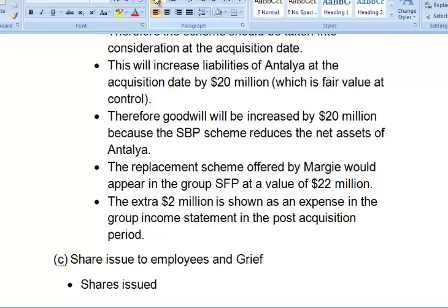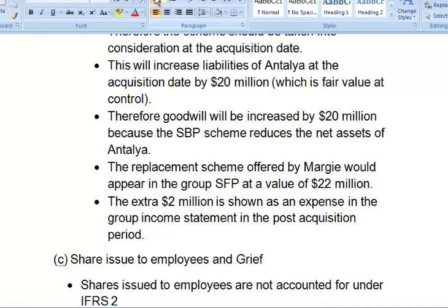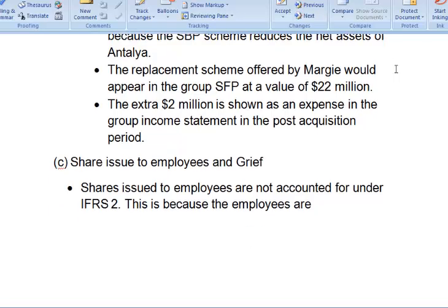So the shares issued to employees are not accounted for under IFRS 2. This is because the employees are existing shareholders.